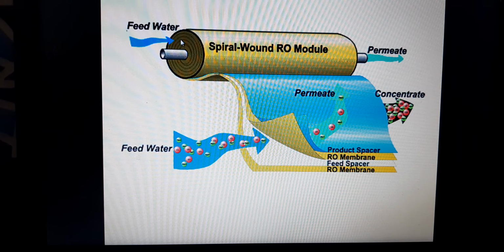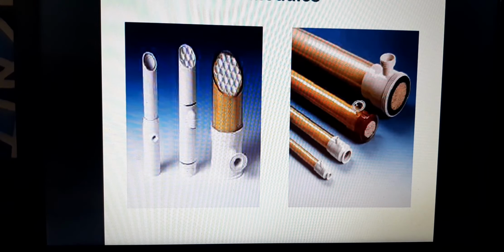Water enters through the membrane, and you get the permeate, which removes the unwanted things. So there is concentrate and permeate, and concentrate means the discharge where most of the ions are present, and they can be removed from the concentrate.